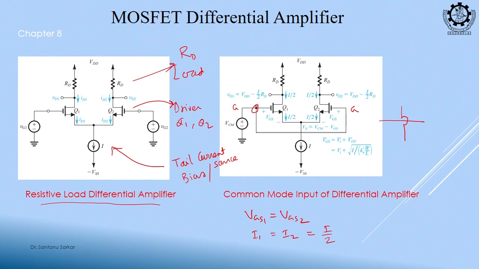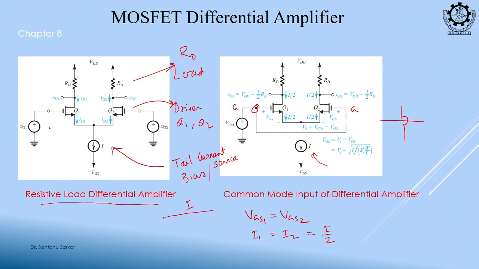Each of them will carry I by 2 and the summation will equal I. Now you can understand the purpose of the current source I. It is telling you that your limit, this is your maximum current, it is fixed. It is taking control and defining that you cannot change it.